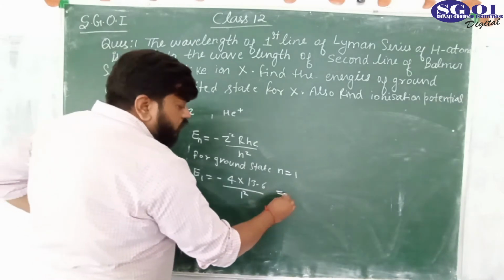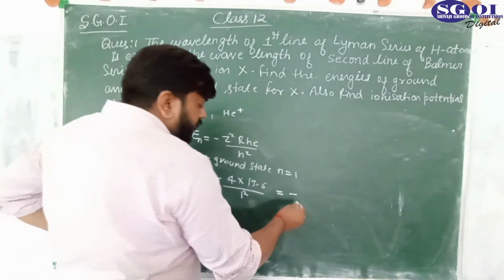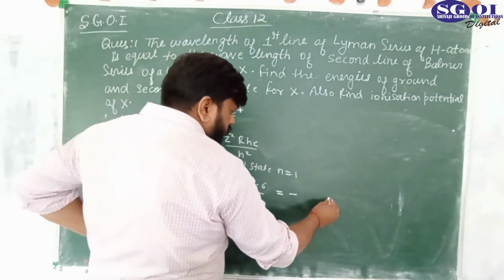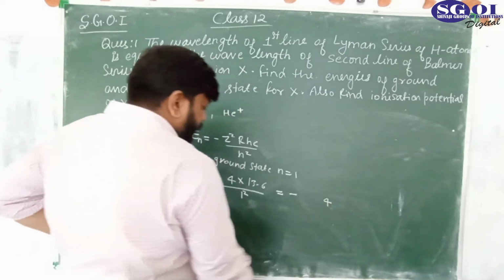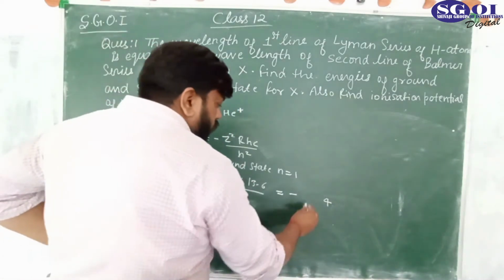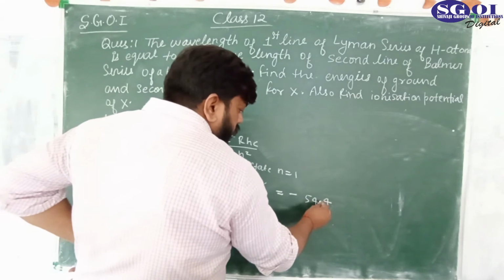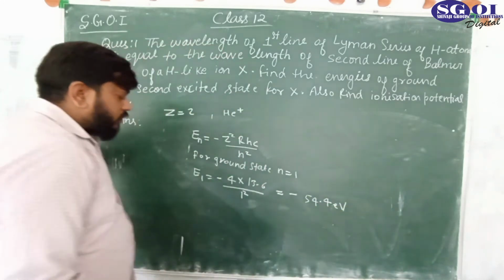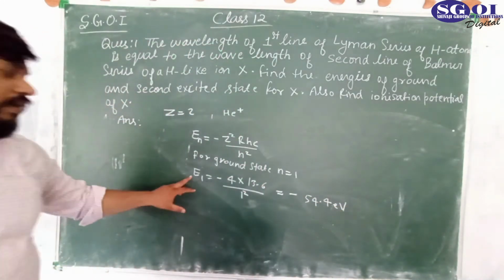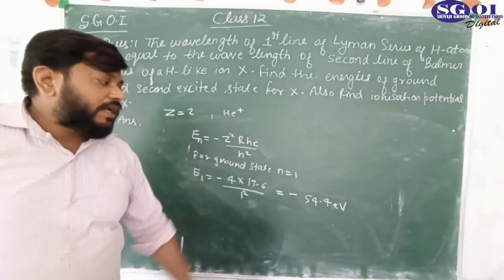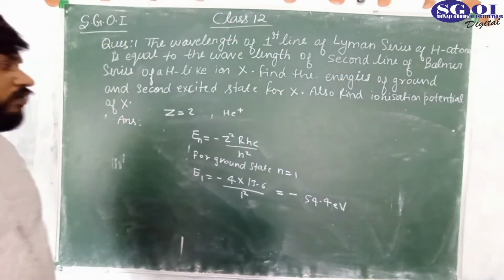So what is the value? Minus 4 multiplied by 13.6 electron volt. So E1, the energy in the first ground state, is minus 54.4 electron volt.